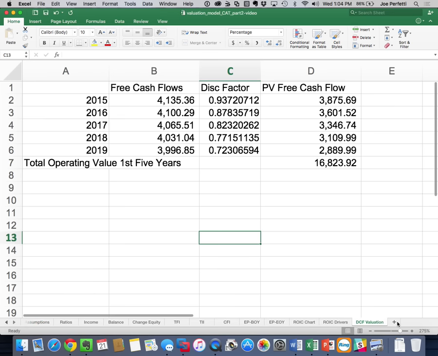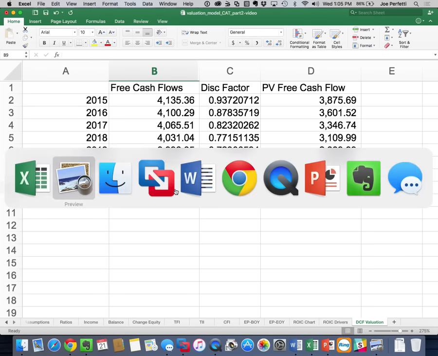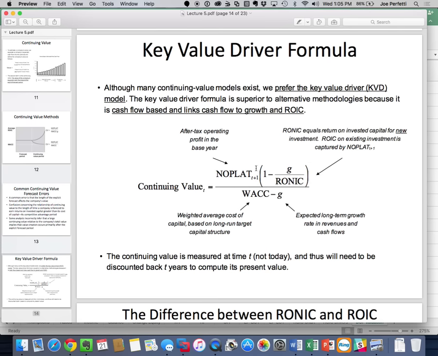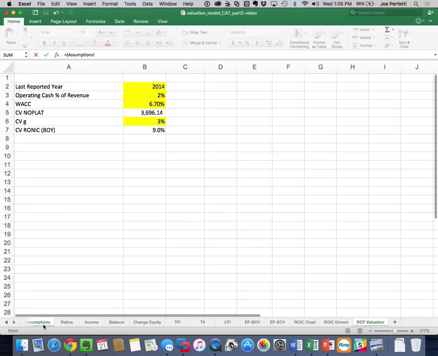So again, I will do my continuing value. And what I need to do with the correct order of operations is put that formula into that cell. So, equals, left paren, and I'm going to do this all off the Assumptions tab, so it's all in one place.